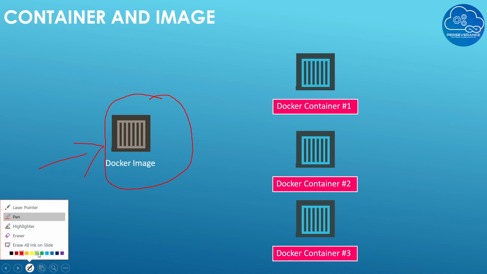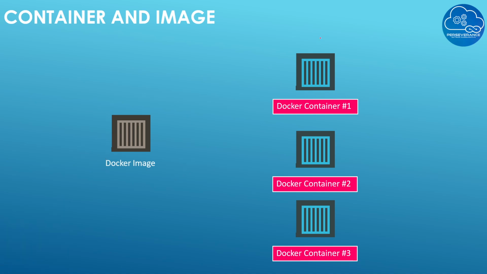I will tell it in a simple sentence: a container is where exactly our application runs, and Docker images are nothing but a template for creating a container. So we define everything which we need to be hosted inside a container in the Docker image.